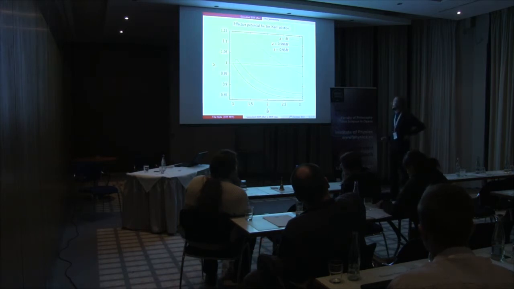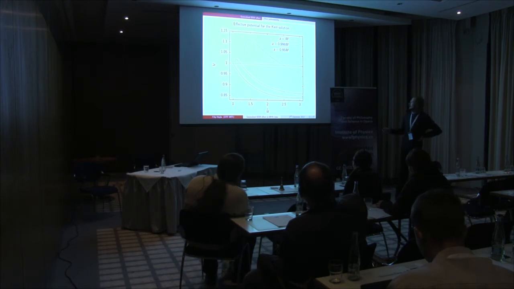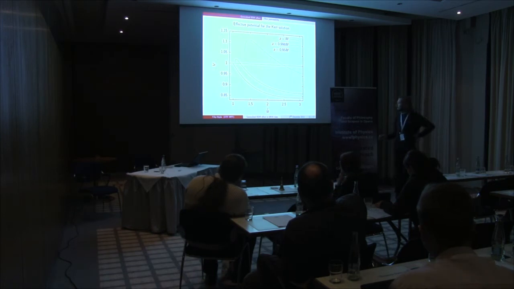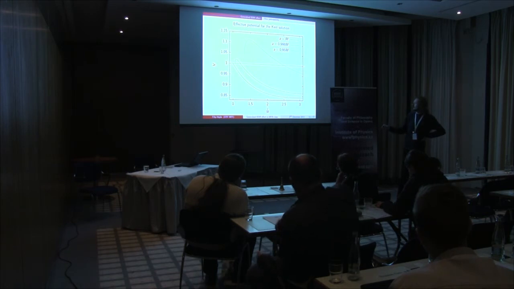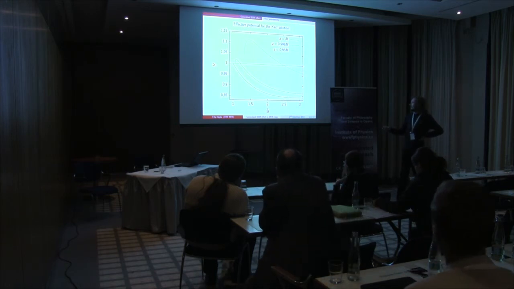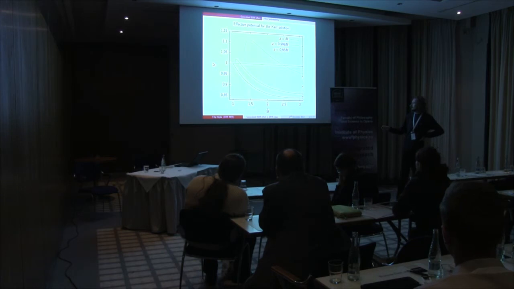So let us illustrate the situation on the plot of the effective potential. Here we have two curves for the subextremal cases, and here is the desired energy level of unity. We see that the curves reach the desired energy level at the position of the horizon, but then there is a forbidden band.